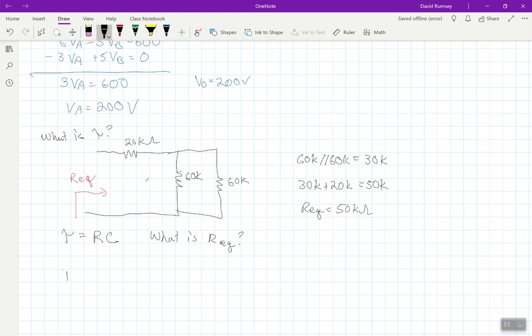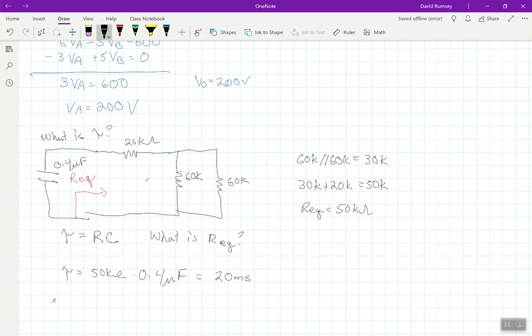Then I put my capacitor back in here, 0.4 microfarads, and if we do this computation, we wind up with tau equal to 20 milliseconds.